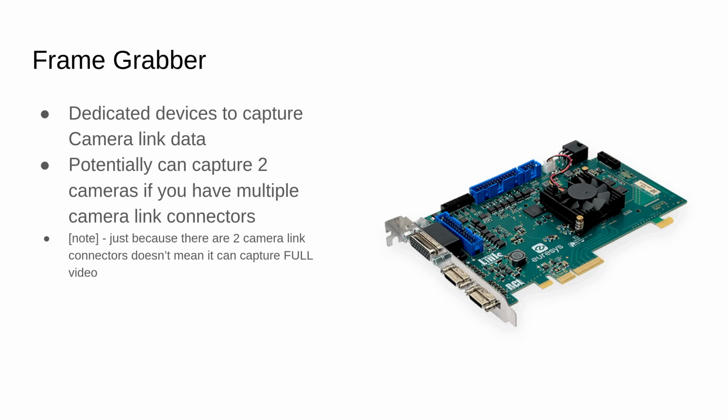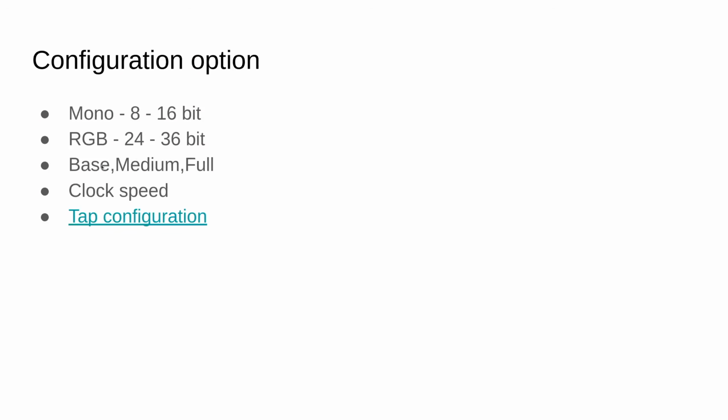Some frame grabbers with 2 connectors on them will support 2 cameras, so it'll be, say, Base plus Medium or Full. So picking the right frame grabber that can support the right bit rate, the right number of connectors, and the proper clock rate with the proper configuration is all very important.